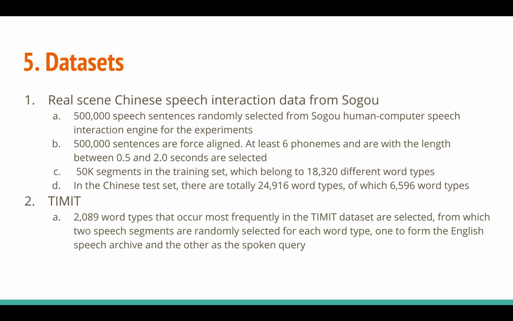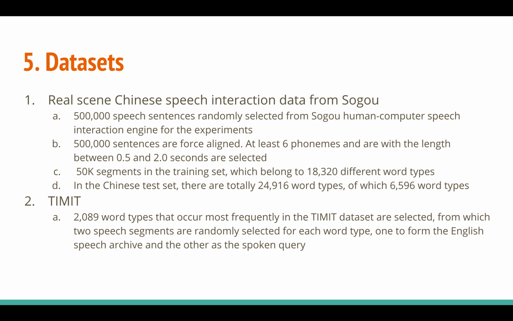Now we'll come to the data sets. In this paper, they have a data set called real scene Chinese speech interaction data from Sogou, with 500,000 speech sentences randomly selected from the Sogou human computer speech interaction engine. These sentences are force aligned using a speech recognition engine to get word level boundaries.